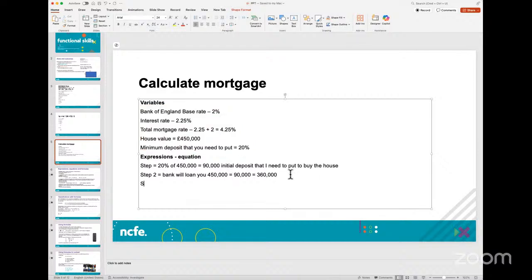Step three: what is the interest rate? The interest rate is 4.25%.